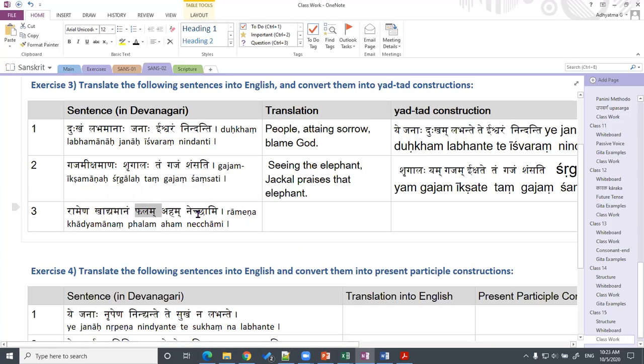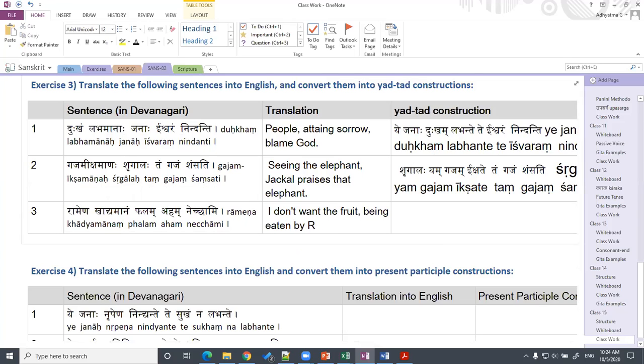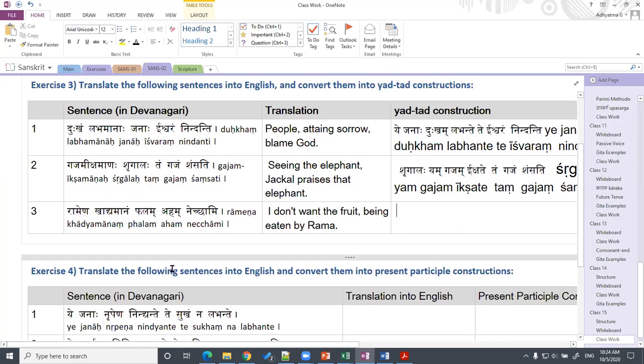So I do not want the fruit being eaten by Rama. And here if you have to convert, then khadyamana would become the verb form.